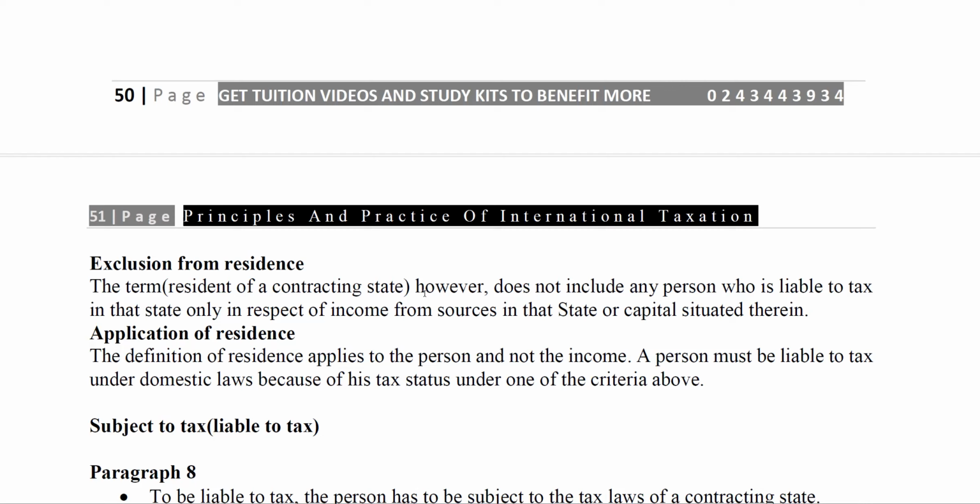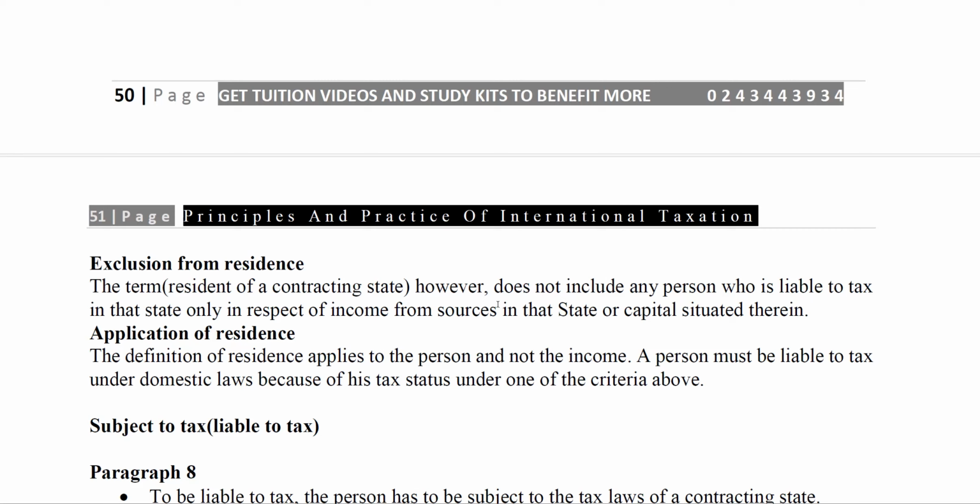So the question again. I said the Department of Works and Housing has an international tax issue with another country. Where will we classify this Department of Works and Housing? So will we consider the department as a resident of Ghana?